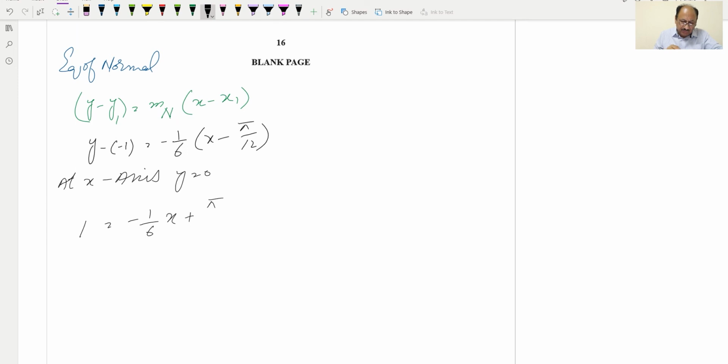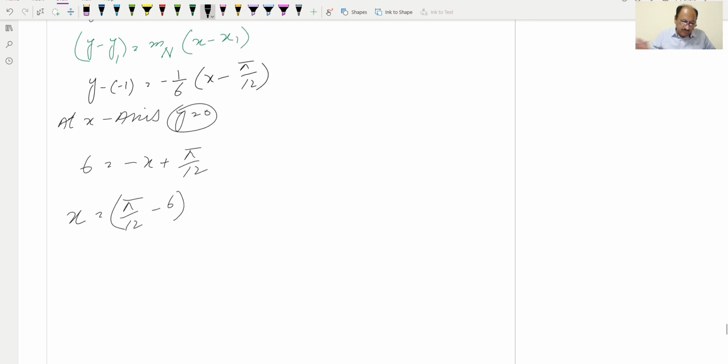We can shift 6 to the other side and write 6 is equal to minus x plus pi by 12, so x will be equal to pi by 12 minus 6, and this is the x value, and the y value is 0. So our A point will be pi by 12 minus 6 and 0.